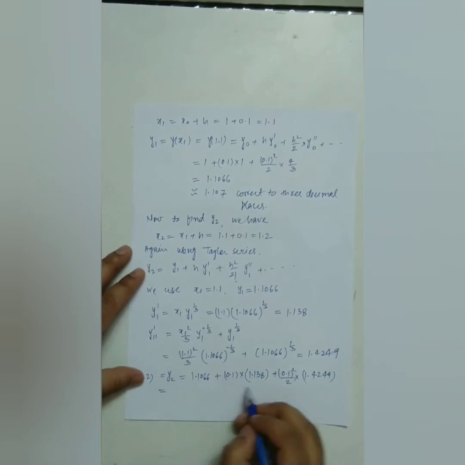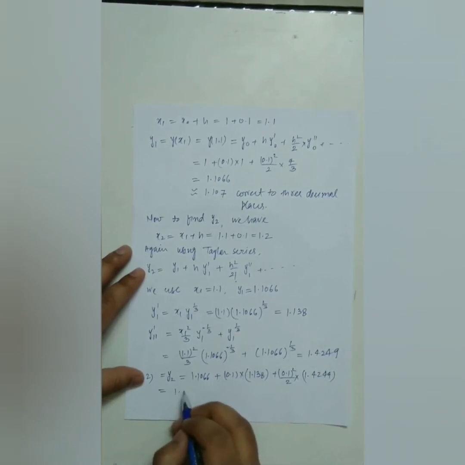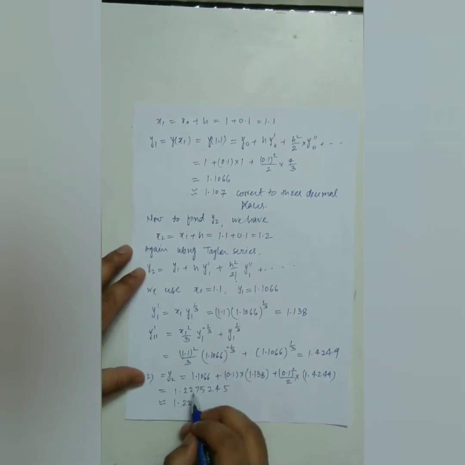After calculating this, we will get 1.227525. So up to 3 decimal places, we will write 1.22, this is first, second decimal place, and for the third decimal place we can write 8. So this is the answer, 1.228, correct to 3 decimal places.